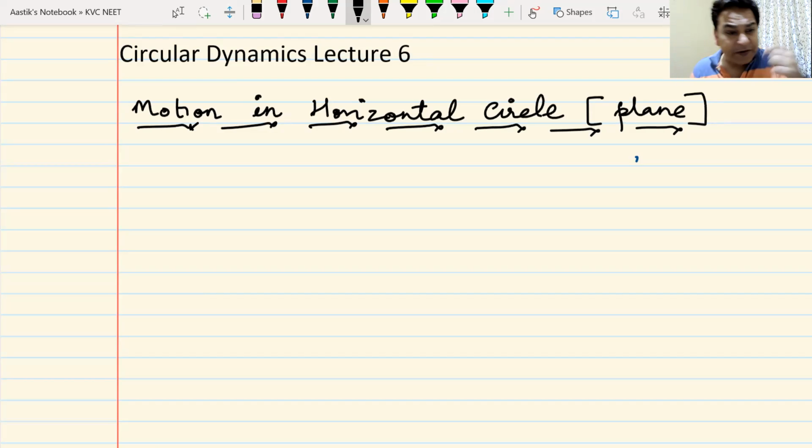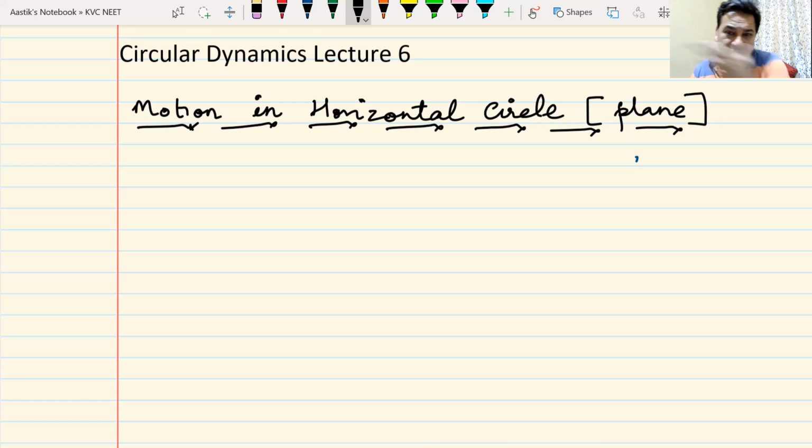Now, when we are discussing circular dynamics, circular motion, basically we are going to study circular motion on planet Earth. We are not going to study motion of satellites or the moon around Earth. We are not going to study the motion of Earth around the Sun because that is in gravitation, and that is not circular also.